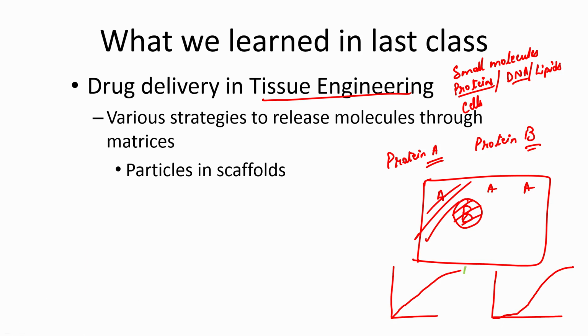So, this is for A, and if I overlap with this, I will have a release of B closer to like this. That way I can get sequential delivery, because A is mostly coming out first, doing whatever it needs to do, maybe getting the cells ready to a stage where B can start acting and is very efficient, and then B starts to release slowly.